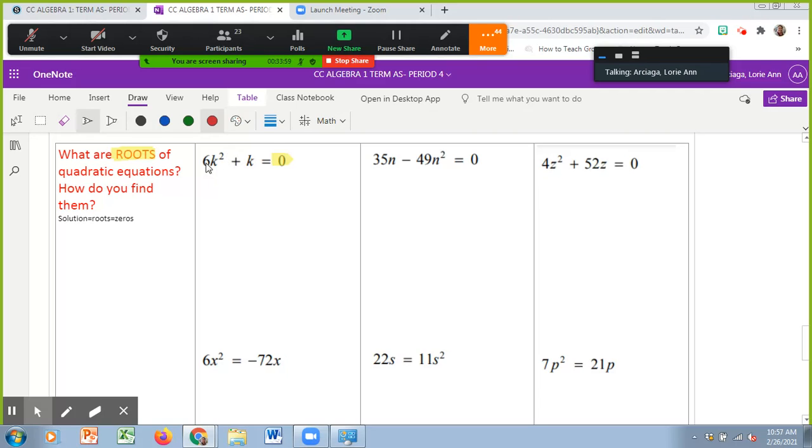Okay. Thank you. So how do I remove the exponent on the variable? Do you remember how we found the GCF last time? First, you have to find the GCF. What's GCF again?